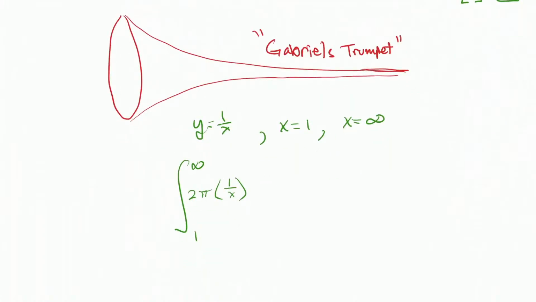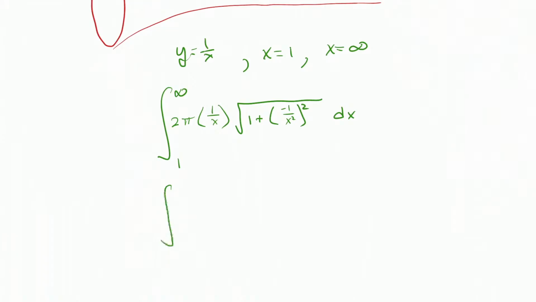So 2 pi times that times the square root of 1 plus the derivative of 1 over x, which is negative 1 over x squared. So this will be 2 pi times 1 over x times the square root of 1 plus 1 over x to the 4th.